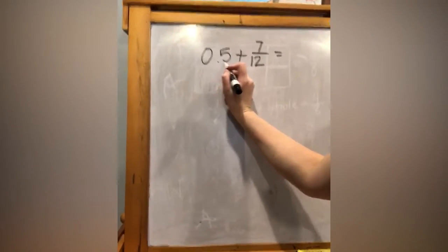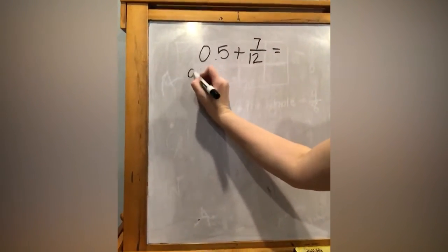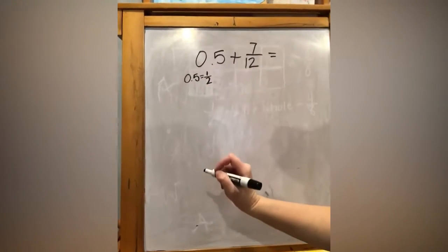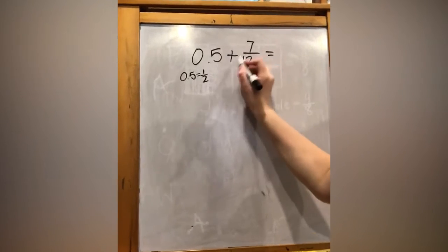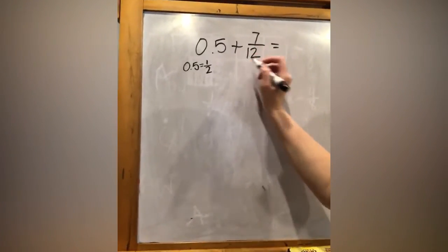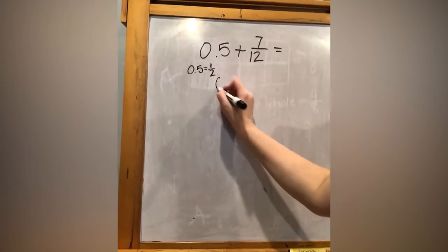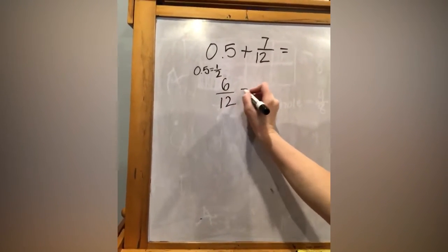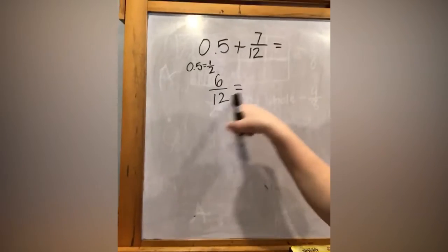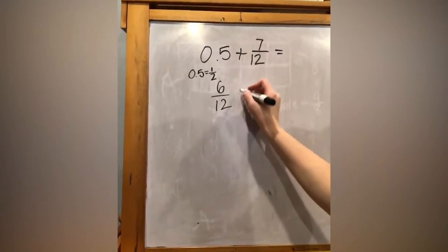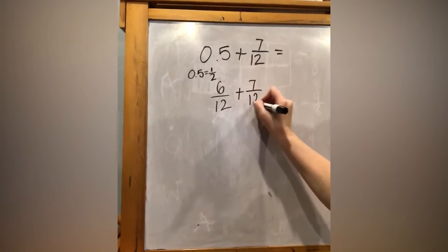First of all, I know that 5/10 is equivalent to 1/2. And if I'm talking about a whole that's broken into 12 pieces, I know that half of 12 would be 6/12. So I might change that into 6/12 and then add my 7/12.